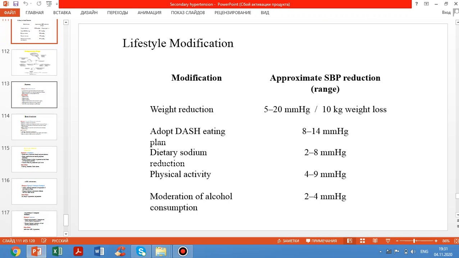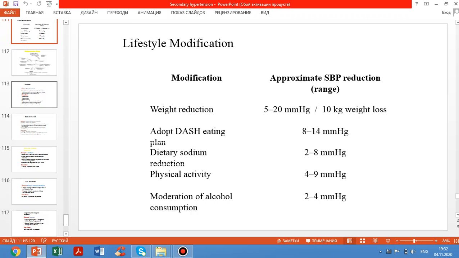Lifestyle modification can reduce the arterial BP. Weight reduction can lower BP by 5 to 20 mmHg per 10 kilogram weight loss. Adopting the dietary approach to stop hypertension eating plan can reduce BP 8 to 14 mmHg.